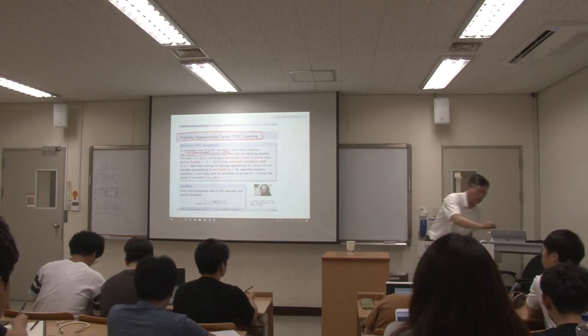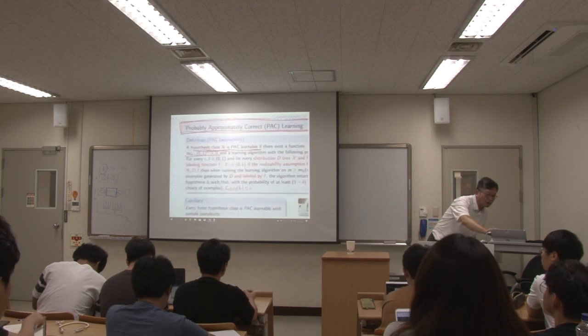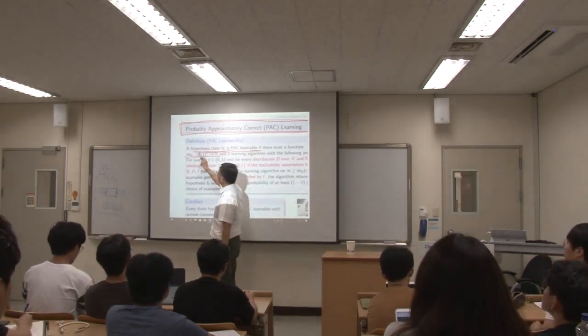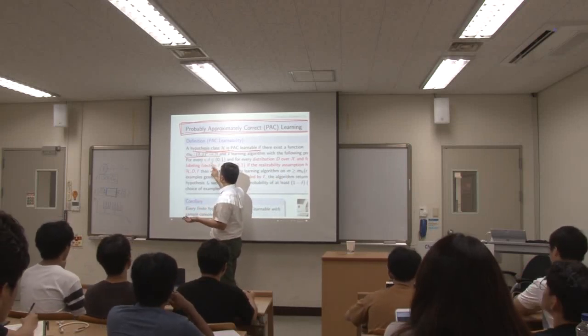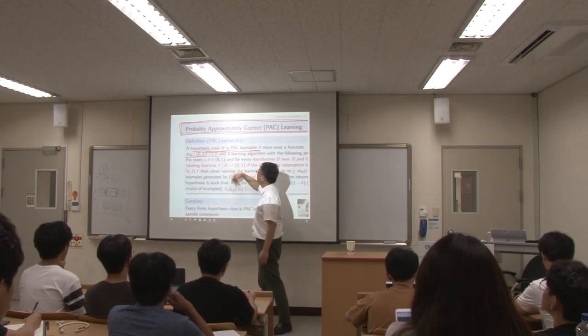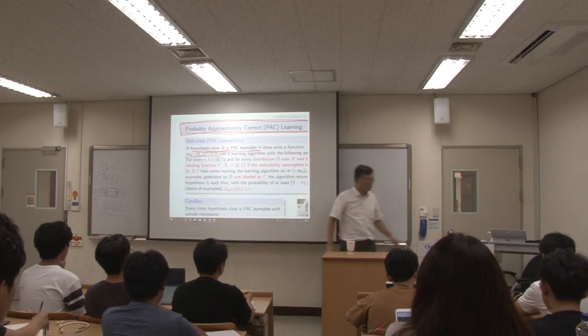It's PAC learnable if there is some function of variables between 0 and 1, like epsilon and delta, that gives you some number, and a learning algorithm with the following properties.